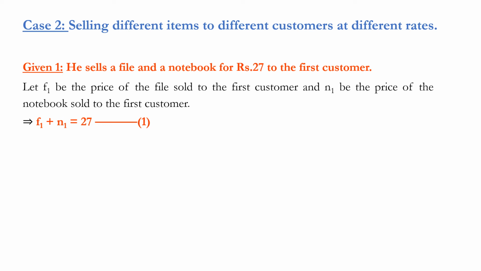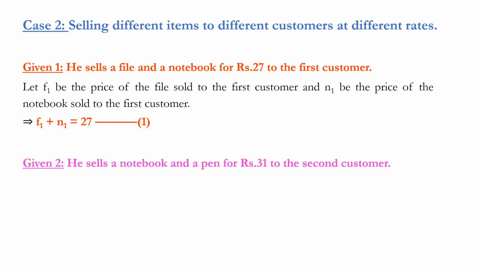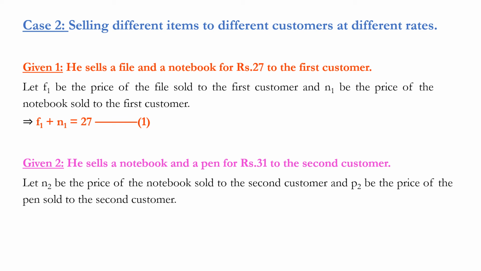Let this be equation 1. He sells a notebook and a pen for Rs 31 to the second customer. Let N2 be the price of the notebook sold to the second customer and P2 be the price of the pen sold to the second customer. That is, N2 plus P2 equals 31. Let this be equation 2.